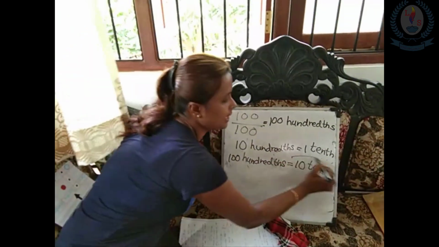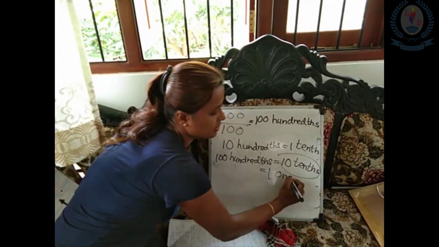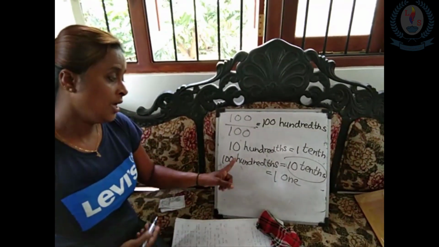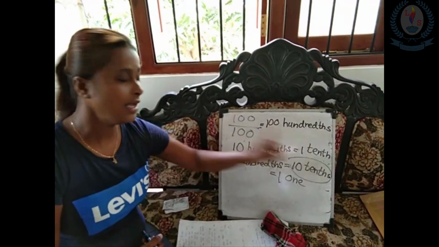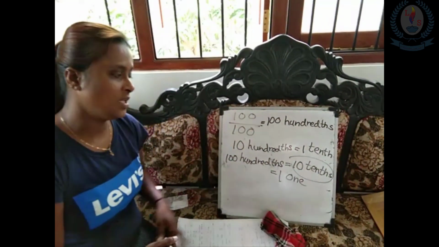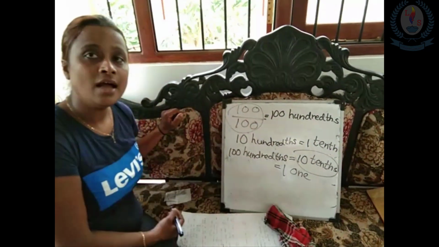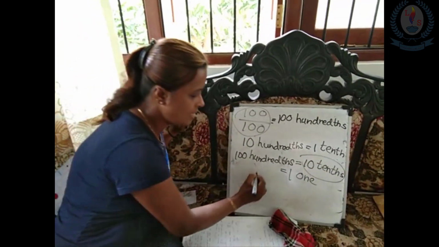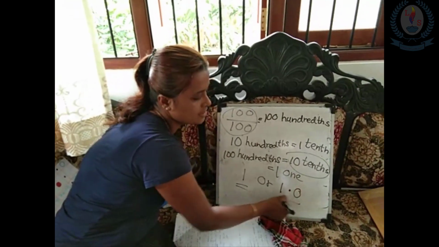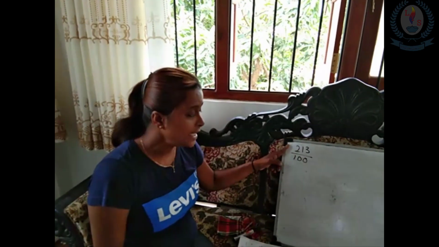And 10 tenths equals 1 one. Remember this relationship between tenths, hundredths and ones. So when we write 100 hundredths as a decimal, the answer is 1, or 1.0 is also correct.